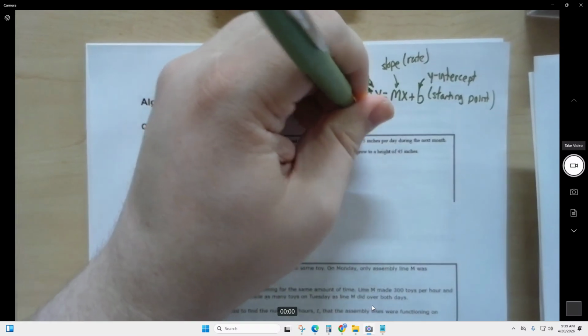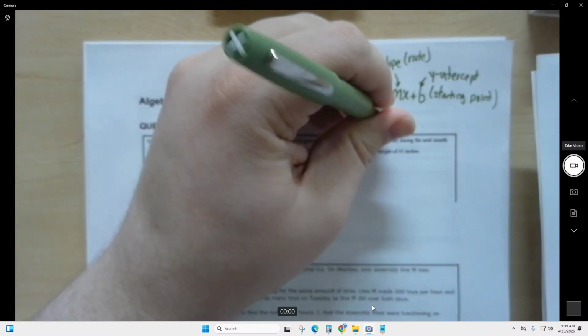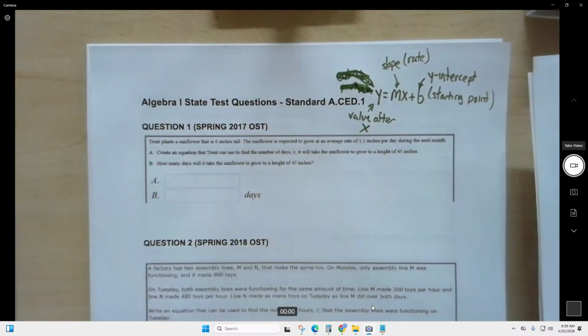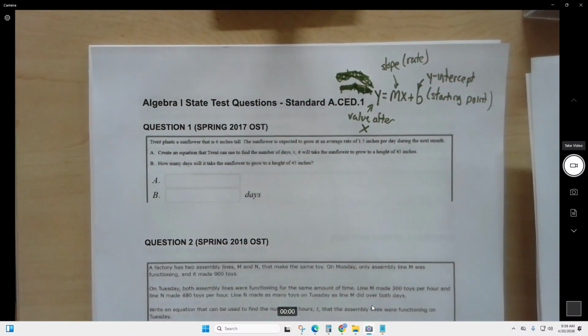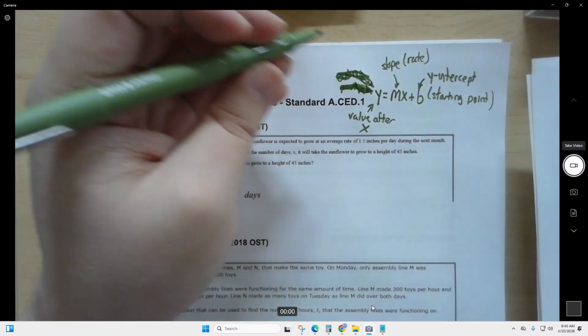We'll put value after x. I've changed my mind 3 times on this. We're going with value after x. All right.